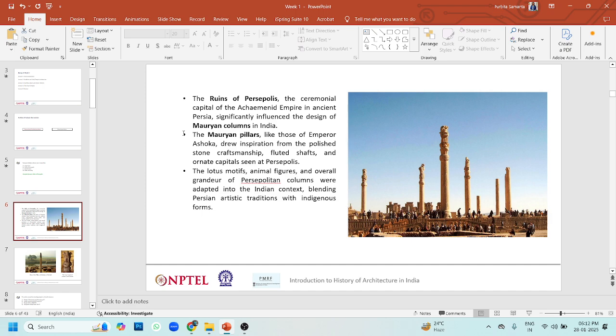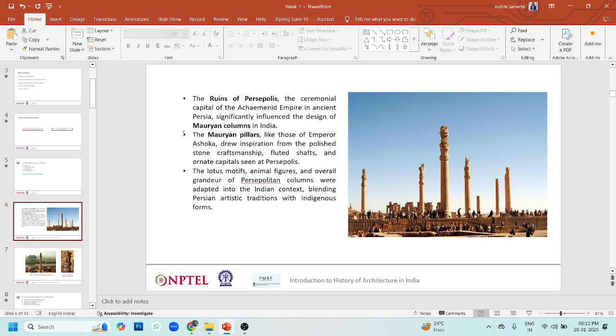In the ruins that were excavated, you can definitely find these freestanding columns, the pillars, and this design of the columns or pillars influenced the Mauryan pillars.